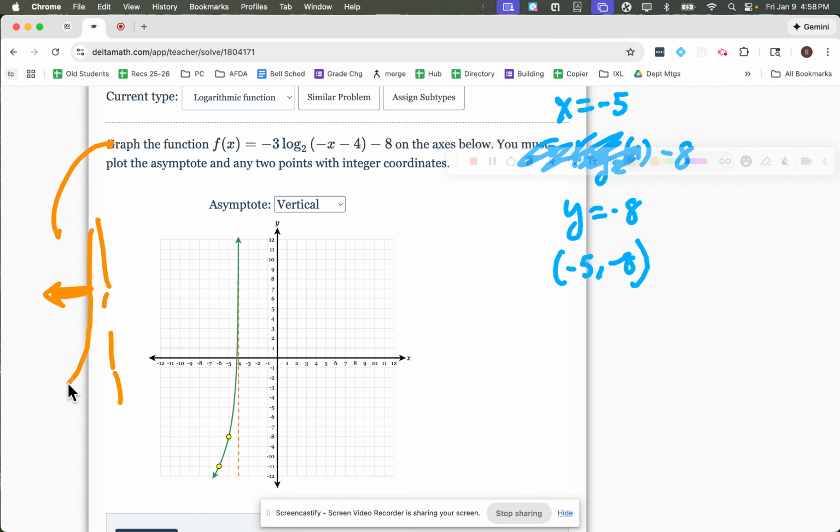It's descending in the opposite direction. If it had reflected without this, if that had been positive, a horizontal reflection would look like that.